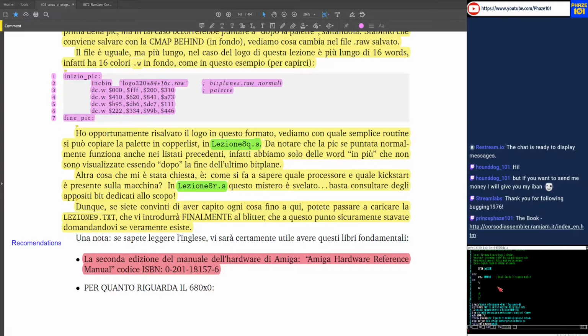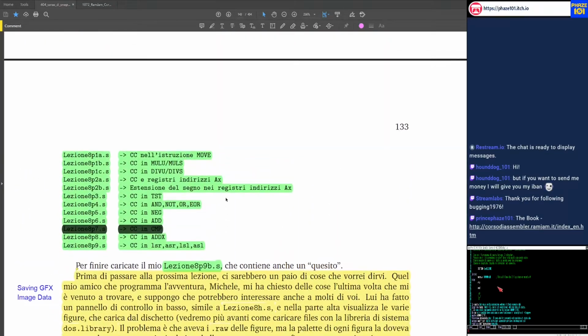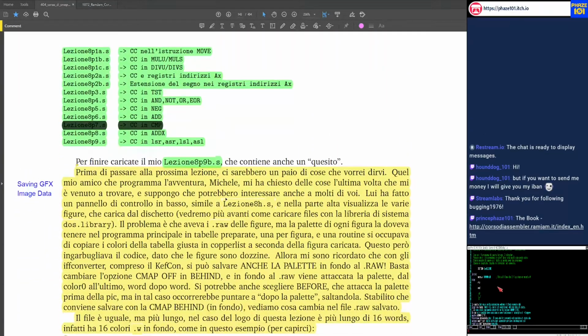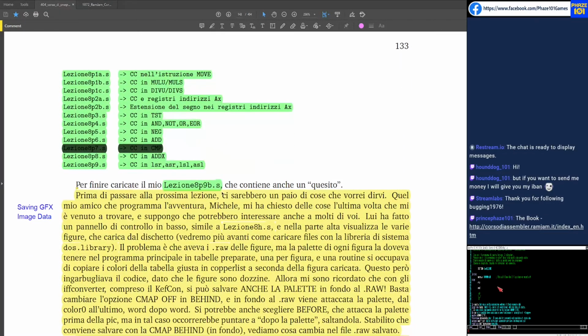Actually, not a bootloader, a boot check. Basically it tells us what system we are on. So if we are using an Amiga 500, we will know we're using an Amiga 500. If we are using an Amiga 600, we will know it's an Amiga 600, and so on, from the hardware configuration. So it's quite an interesting piece of code that we will cover.